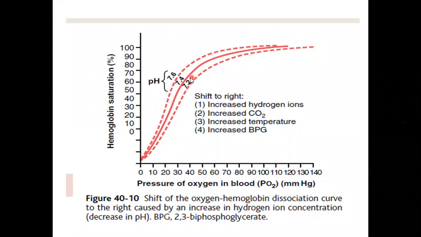But skeletal muscles undergoing very vigorous exercise need a lot of oxygen, so the partial pressure of oxygen in the skeletal muscle is around 20 mm of Hg. Almost 62% of the oxygen will be given to the skeletal tissues. So this 20 mm of Hg is known as the unloading tension of the skeletal muscles.